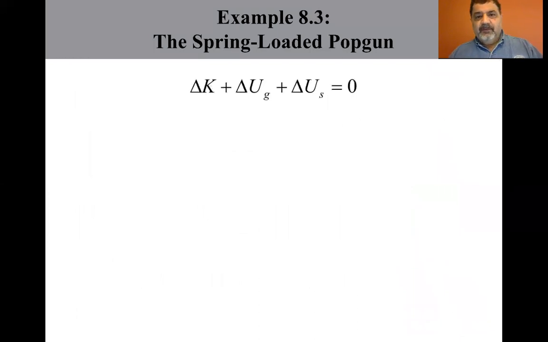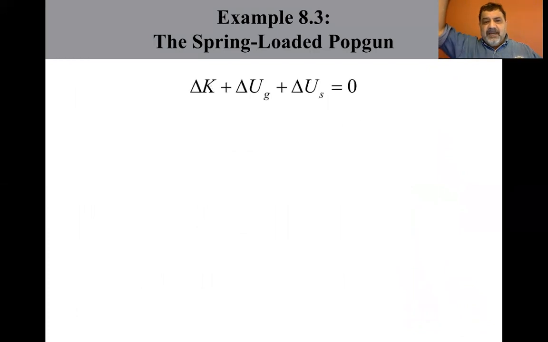So we have the change in kinetic energy plus the change in gravitational potential energy plus the change in spring potential energy all have to equal 0. Now, since we're looking at it from before the trigger is loaded, when the ball is on the spring, its kinetic energy is 0.